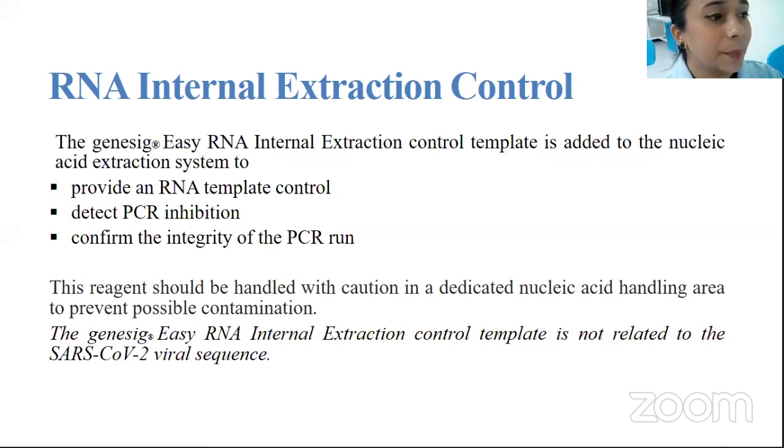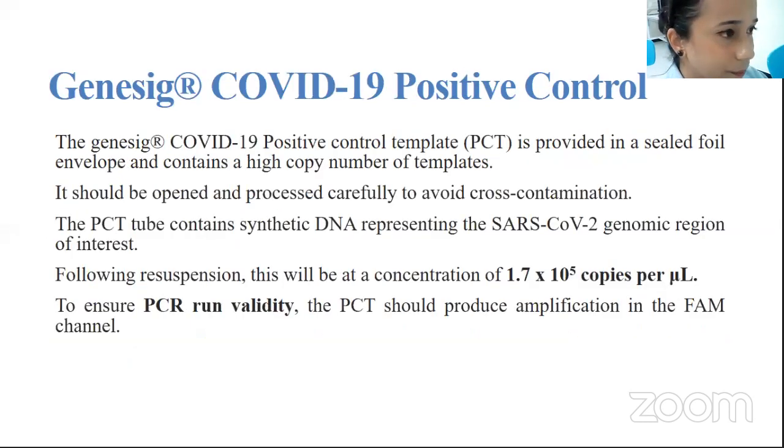It also detects PCR inhibition, if there is any inhibition due to any kind of reagent or anything, and it confirms the integrity of the PCR run. This reagent should be handled with caution in a dedicated nucleic acid handling area to prevent possible contamination. The GeneSeq Easy RNA internal extraction control template is not related to the SARS-CoV-2 viral sequence.